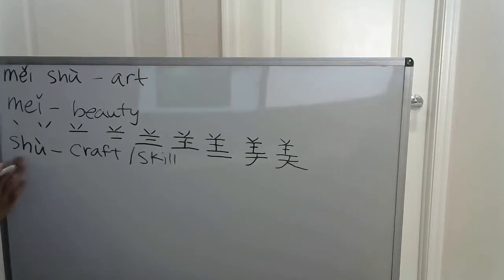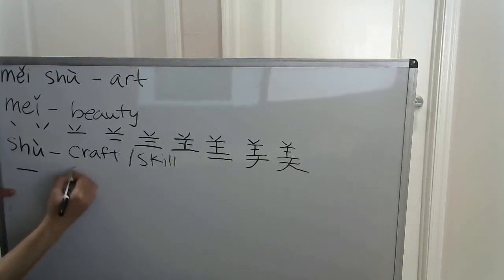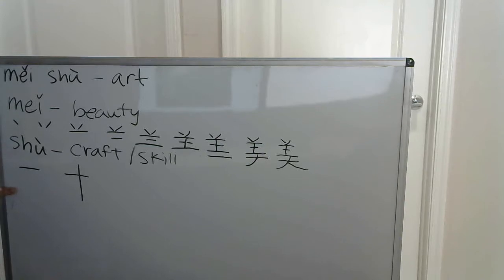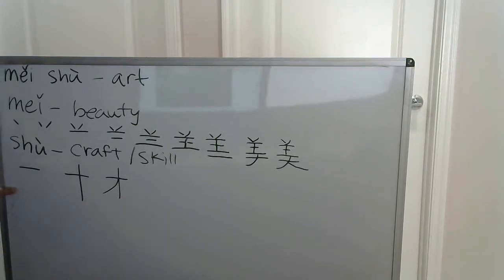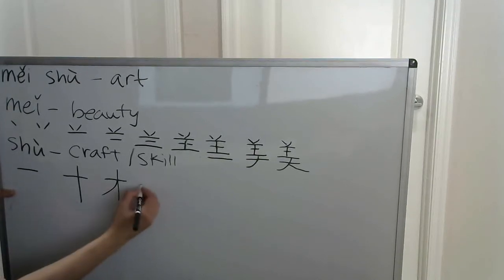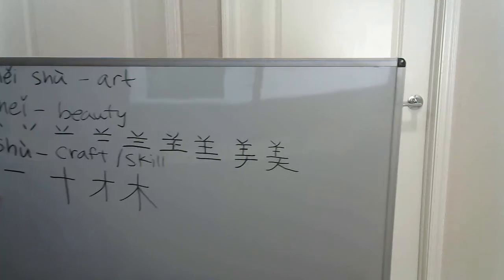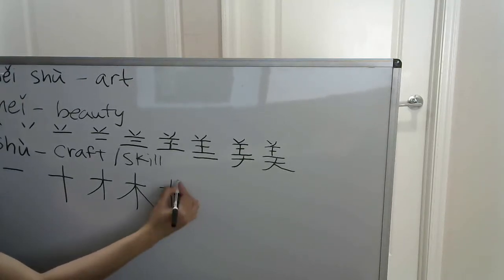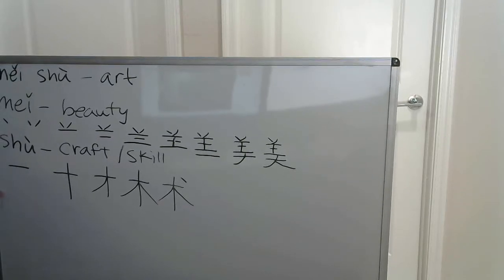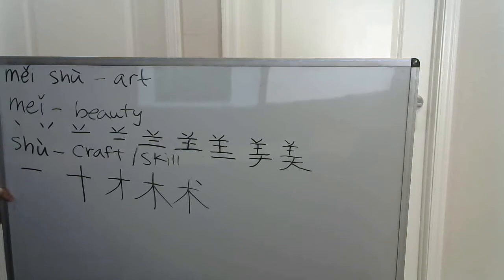So try not to use this character by itself. Okay, I'm going to start with a 横. 横竖. That looks like our 十, right? 横竖撇, 横竖撇捺, and a 点 on top. There is our 术, 美术.